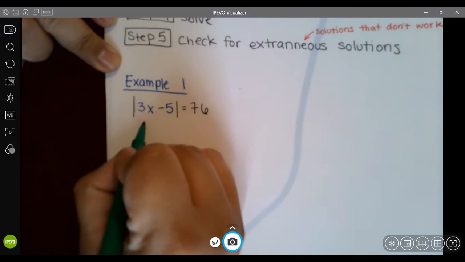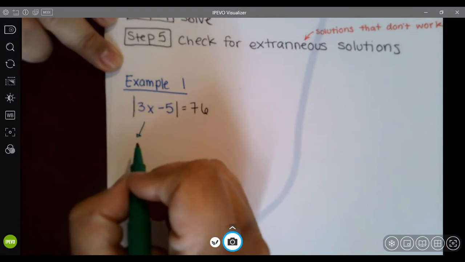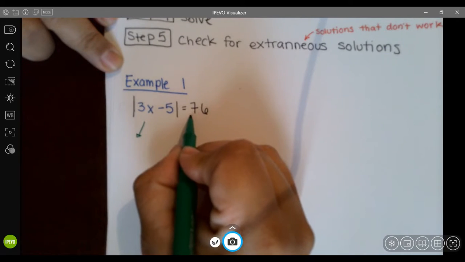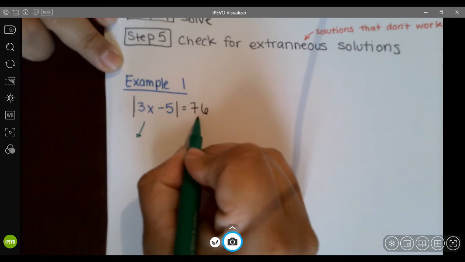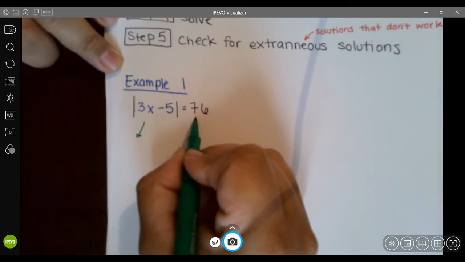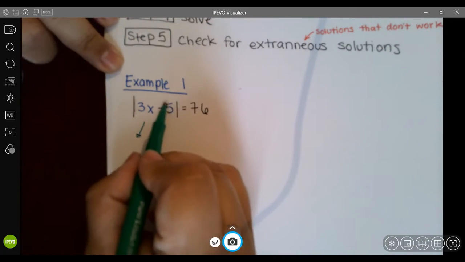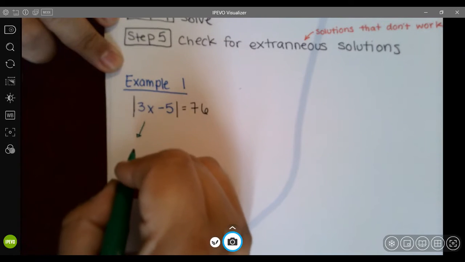My first case, I'm just going to draw an arrow. And remember, one is negative, one is positive, and I'm talking about this 76 over here. So my 76 is going to be positive, and my 76 is going to be negative. In here, nothing is going to change.